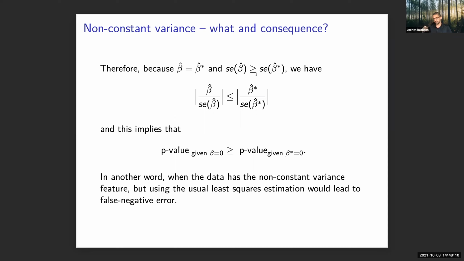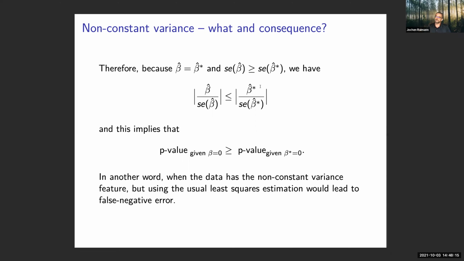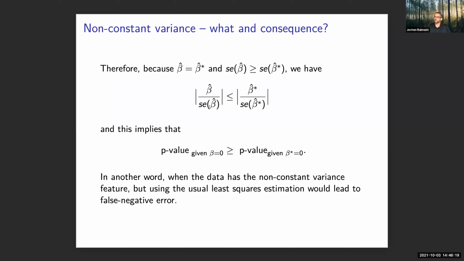If you account for that, you try to get it smaller. So the problem is that this larger standard error will result in a smaller t-score. This is the calculation of the t-score in the regression model: beta hat divided by the standard error of beta hat.